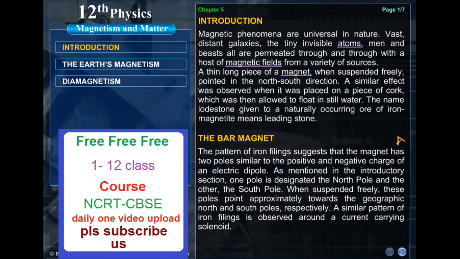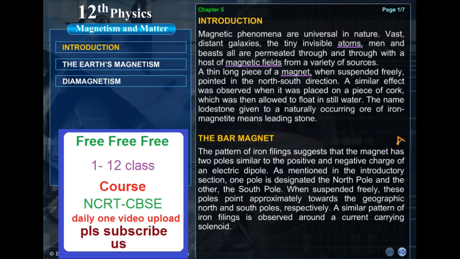The pattern of iron filings suggests that the magnet has two poles, similar to the positive and negative charge of an electric dipole. As mentioned in the introductory section, one pole is designated the north pole and the other the south pole.